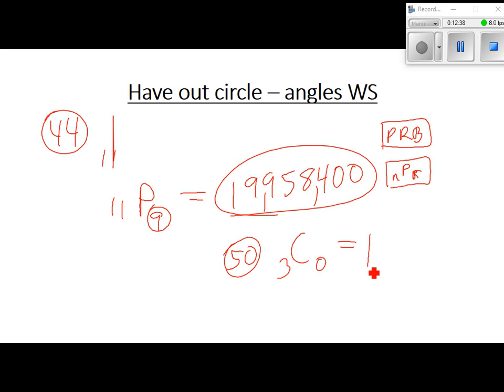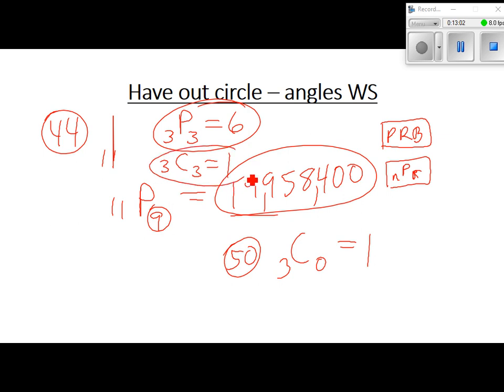Now the one I should have put on here, let's try this on your calculator. 3P3. I know it's not one of the problems on there, but somebody help me out. What's 3P3? 6. Now try this: 3C3. It's 1.